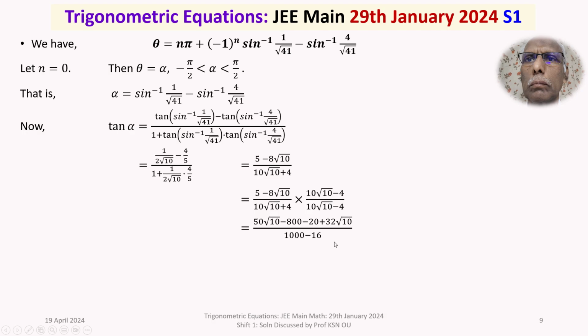In the numerator you will get 82 root 10 minus 820 by 984. Observe that 82 is common in the numerator and denominator. If you cancel, 82 into 12 is 984. Then you will get root 10 minus 10 by 12. So that is the tan alpha value.